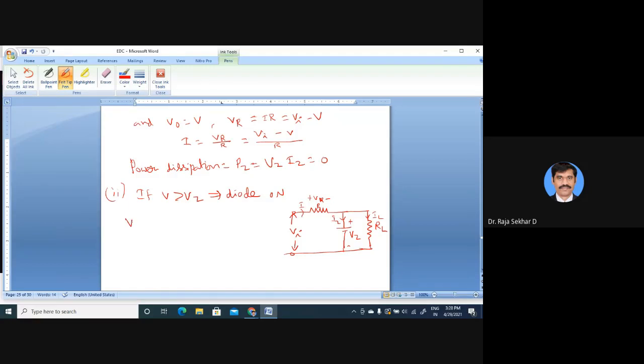So VR is equal to Vi minus Vz. That is also equal to IR. And I is equal to Iz plus IL.